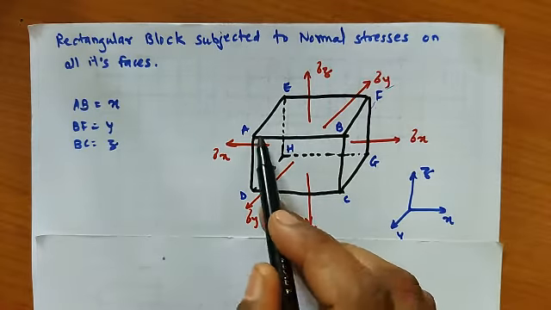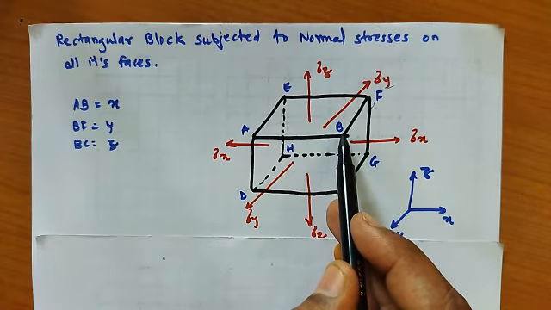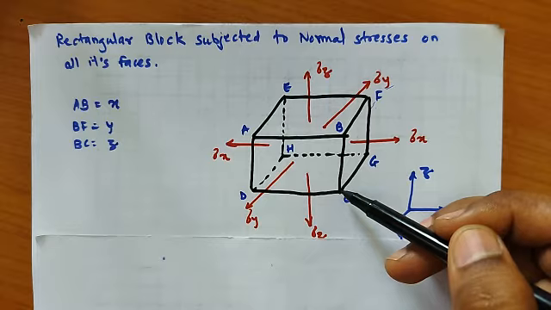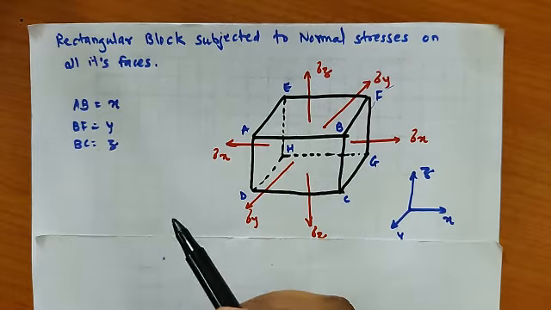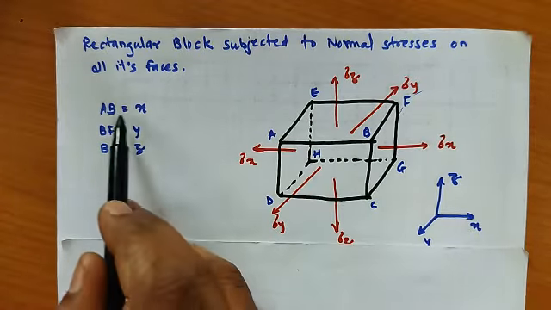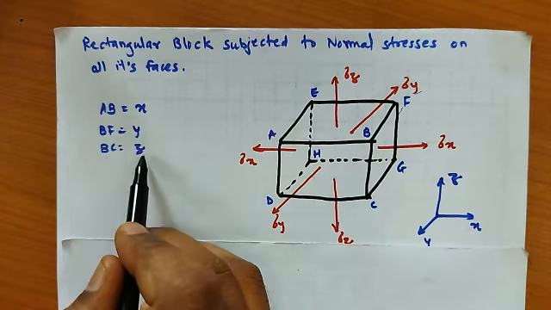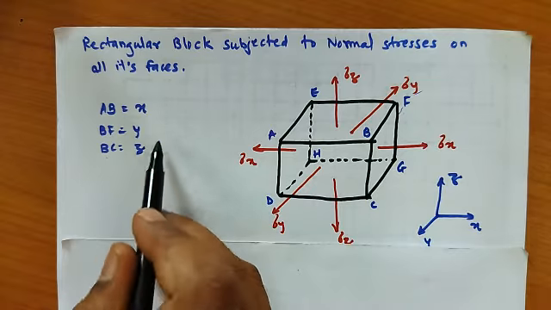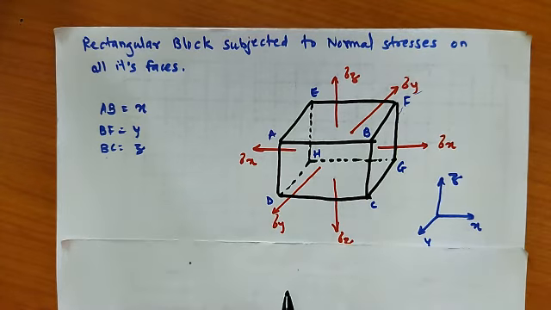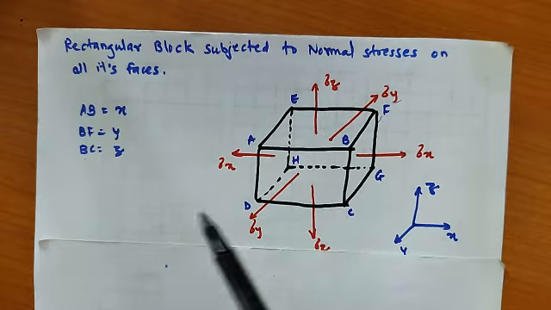That means AB is the distance in the X direction, BF is the distance in the Y direction, and BC is the distance in the Z direction. So here AB is equal to the x distance, BF is the y distance, and BC is the z distance in the respective directions.